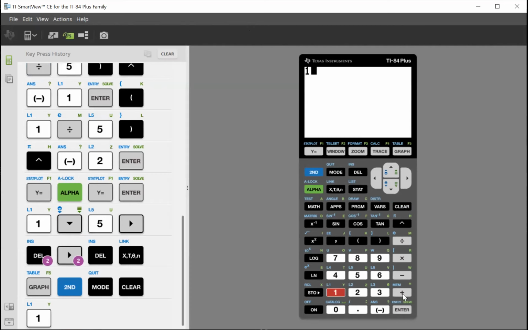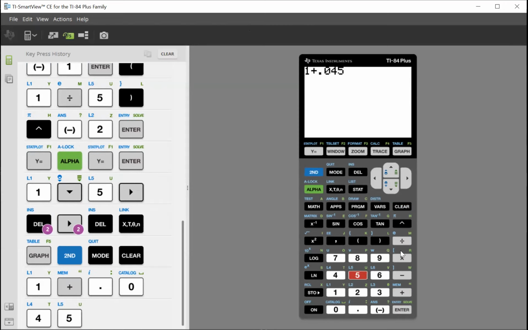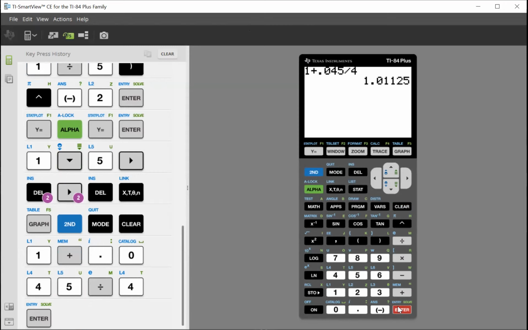1 plus 0.045 divided by 4. That's going to equal 1.01125. So that is what MathLab is going to want in the parentheses.